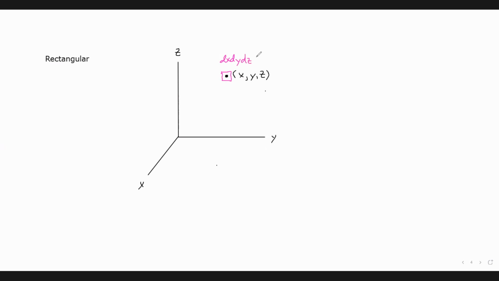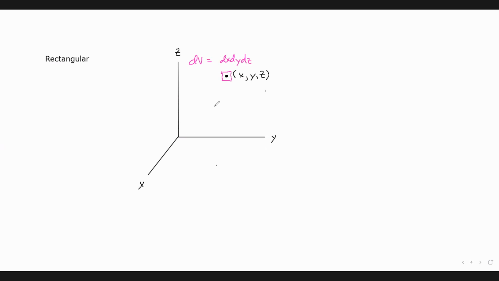So you could say that they are delta x, delta y, and delta z if they're tiny little pieces. Or you can say, in the calculus manner, they're infinitesimal. The infinitesimal volume in rectangular coordinates is just dx, dy, dz.